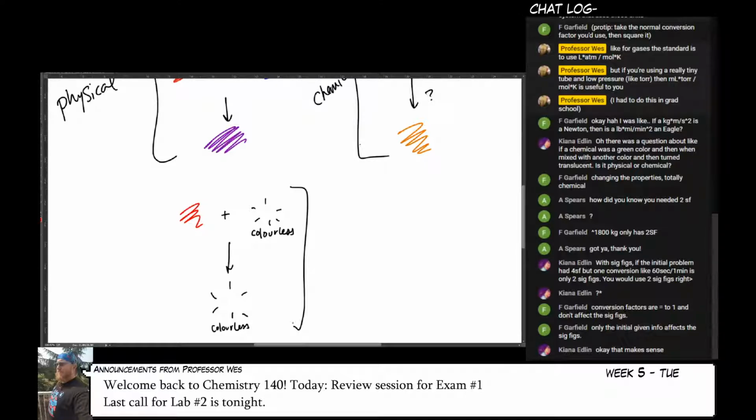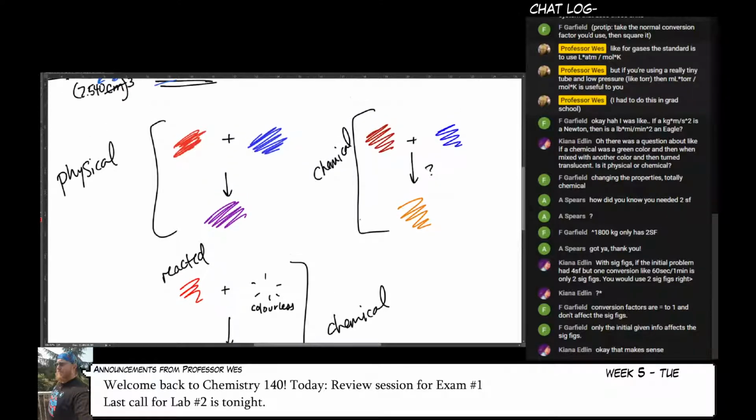Something red mixed with something colorless should just be red. Maybe a little fainter red, but it shouldn't just disappear. So what must have happened is that this must have reacted, and you made something new that had this color. So the question you can ask is, if this is a mixture of red and blue, then they did not react. But if these reacted, and this is new, then you must have done chemistry.